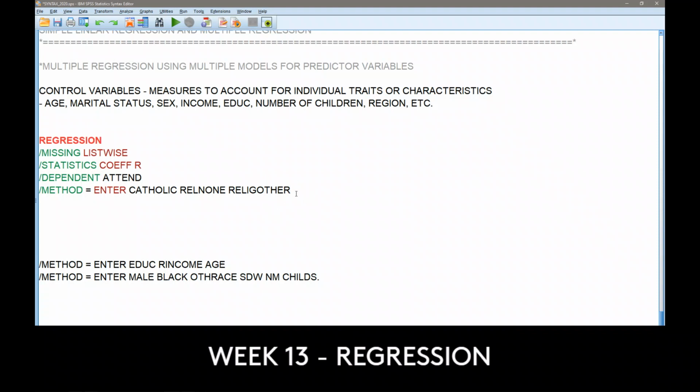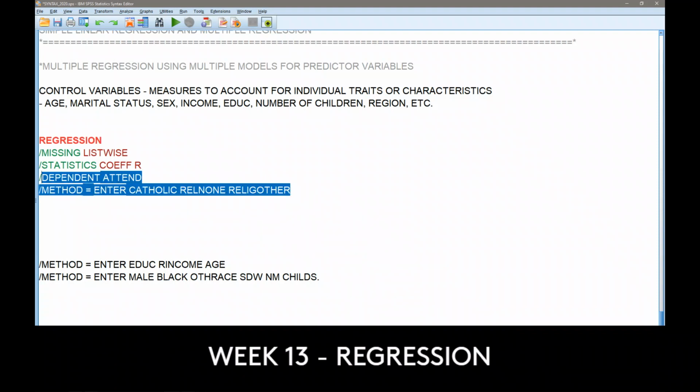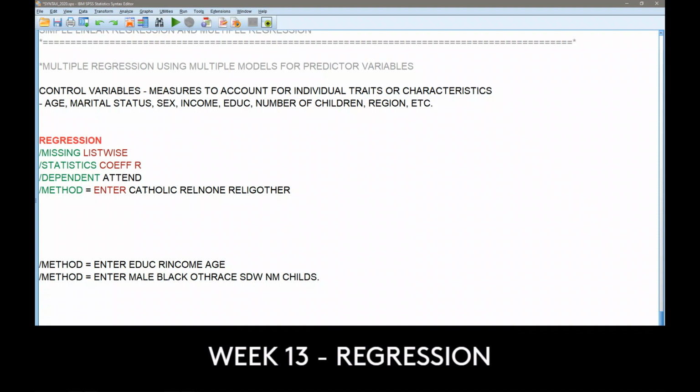All right, but how do we know that the effect that we see between denomination and religious attendance is real? Because all of this can depend on different things like your age. If you're much older, right, it doesn't matter what denomination you identify with. If you're very elderly and unable to leave the house, well, then your religious attendance is not going to be the same as a younger person, right?